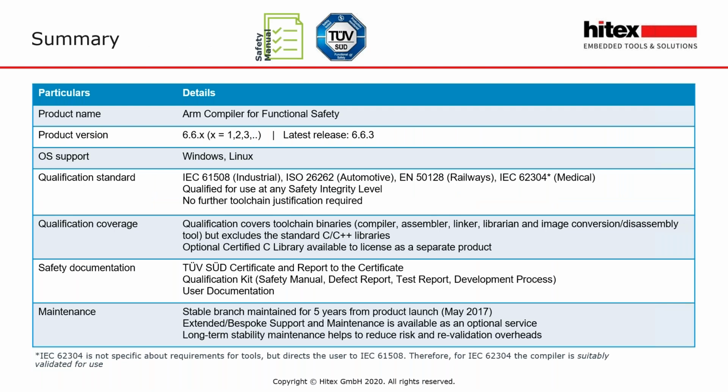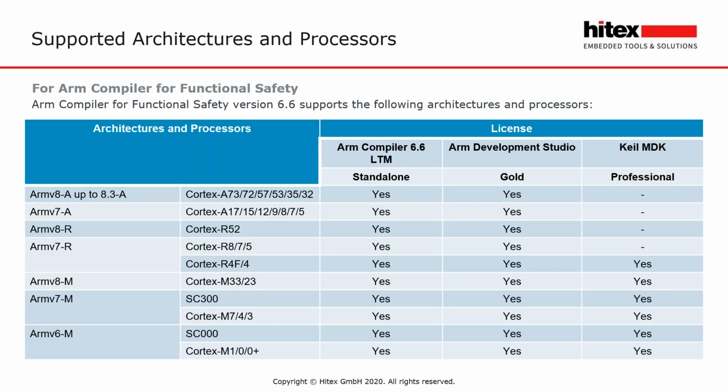We have as standard the Windows version, which is again used with the MDK, but there are also Linux versions of the compiler as well, if you want to use it under a different operating system. Again, I would emphasize the important thing here is that the certified C library is not part of the standard compiler product. That's purchased separately.